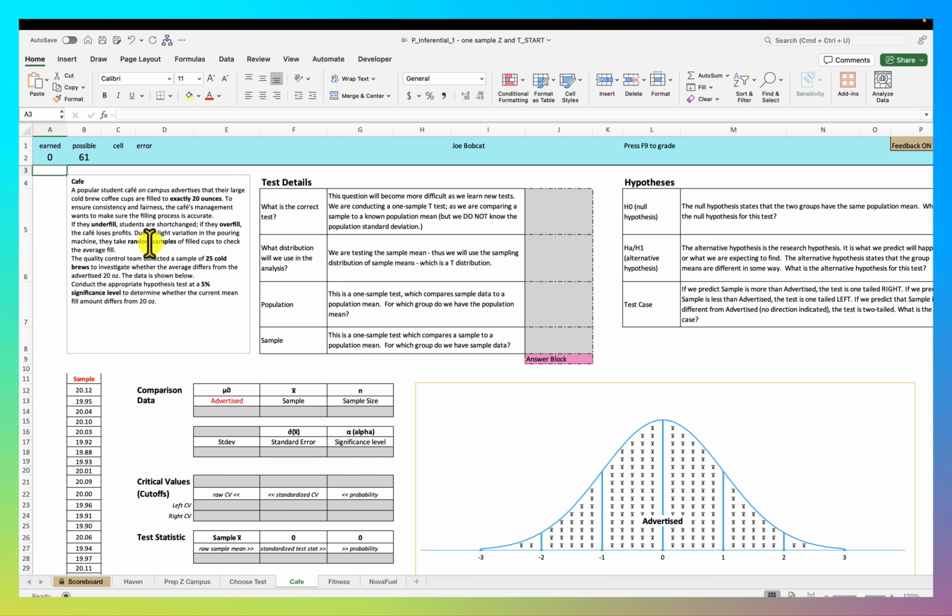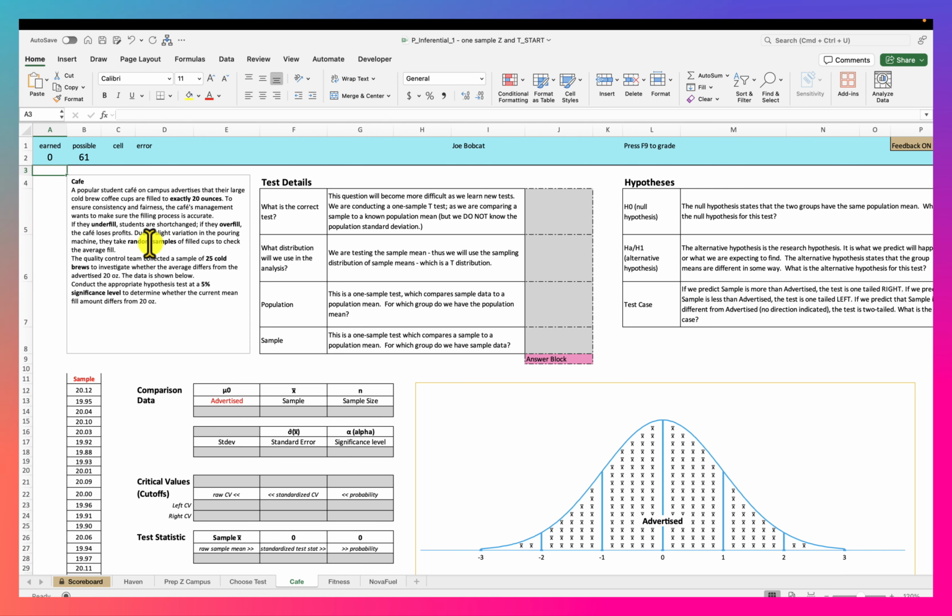Due to slight variation in the pouring machine, they take random samples of filled cups to check the average fill. The quality control team collected a sample of 25 cold brews to investigate whether the average differs from the advertised 20 ounces. The data is shown below. Conduct the appropriate hypothesis test at 5% to determine whether the current mean fill differs from 20.